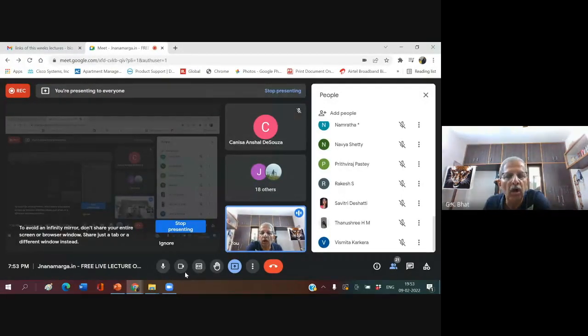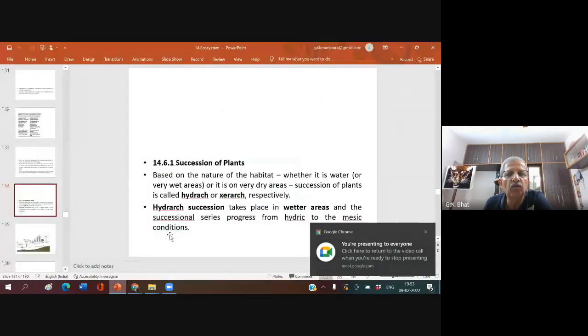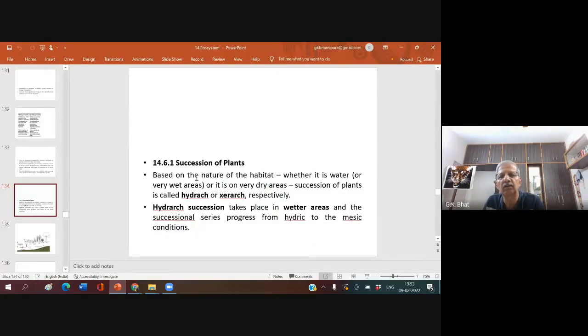Coming back. So you have two types of succession. One is the hydrarch and the other is the xerarch. Hydrarch is the succession which starts in water or a very wet area. Xerarch is a succession which starts in dry areas. Hydrarch succession takes place in wetter areas, and the succession series progresses from hydric to the mesic condition.